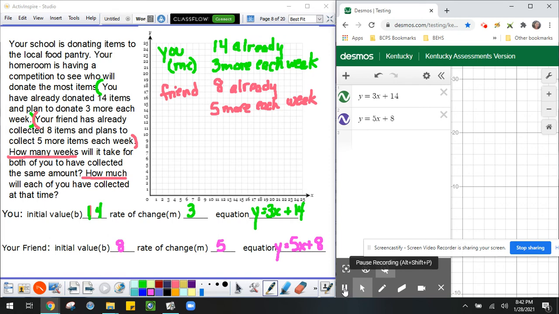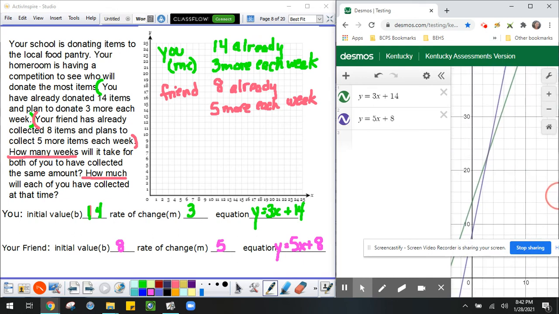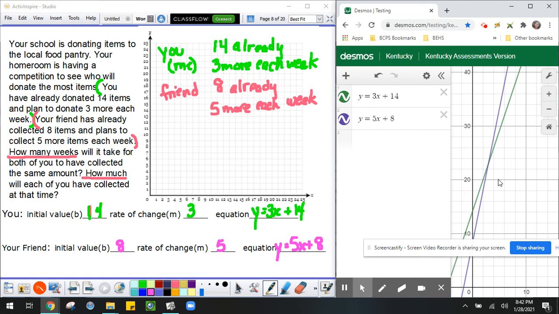Okay, so by now you've answered a couple of questions. I'm coming back to, I have typed in my 2 equations, but I do not see them. So I'm just going to pull my graph around until I see it. And it looks like these 2 lines are crossing at (3, 23), which means in 3 weeks, how many weeks? 3 weeks. How much will you collect? 23.